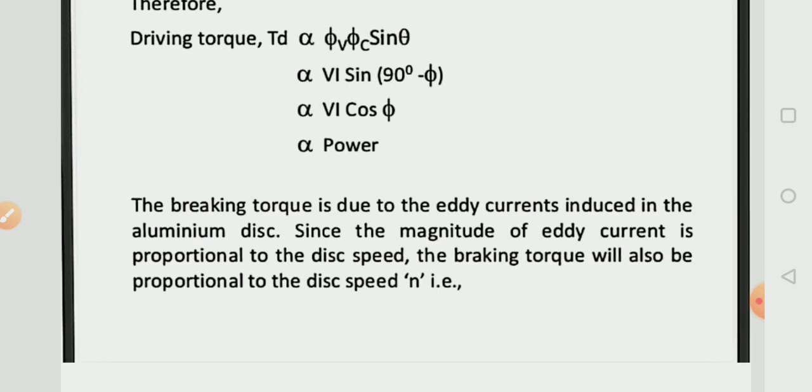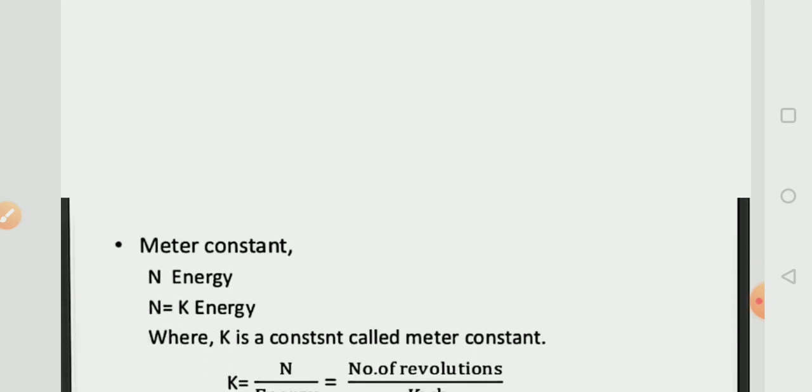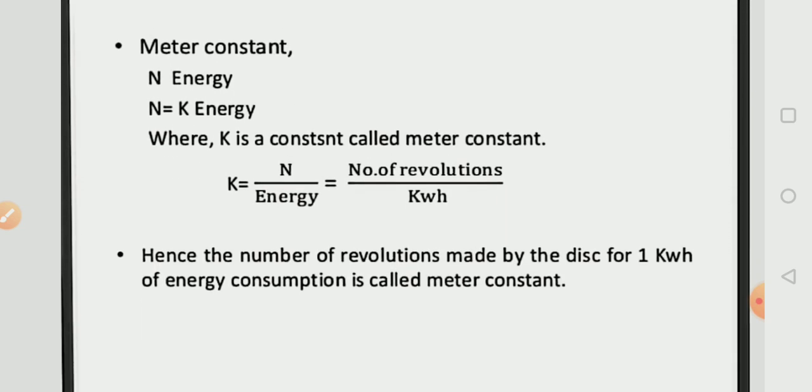The braking torque is due to the eddy current induced in the aluminium disc. Since the magnitude of the eddy current is proportional to the disc speed, the braking torque is also proportional to the disc speed, N. So the number of revolutions is proportional to the energy supplied.